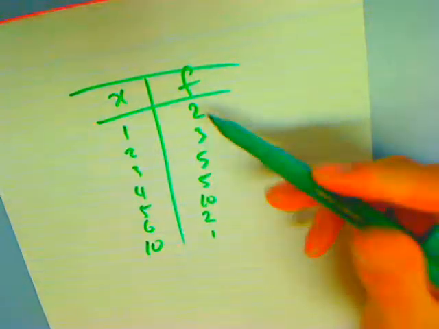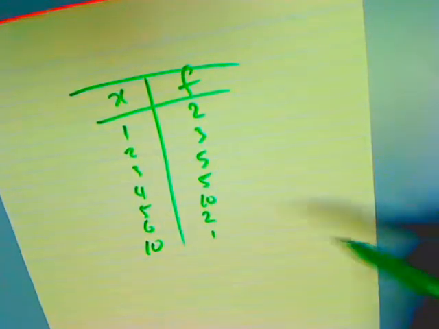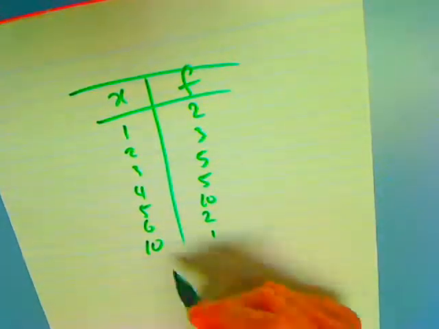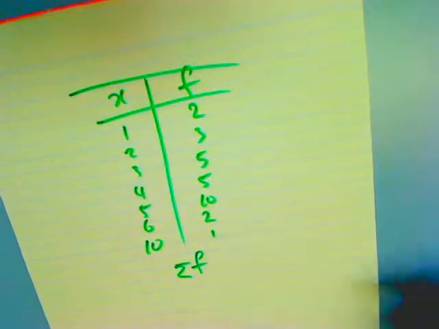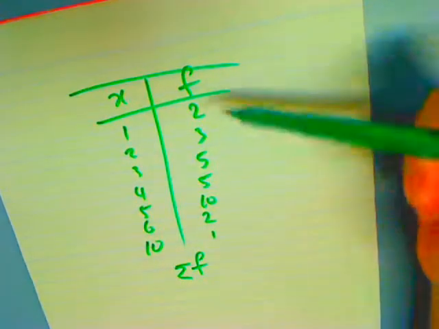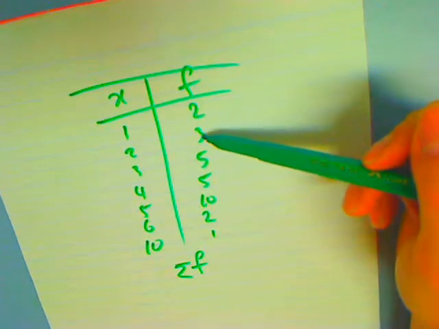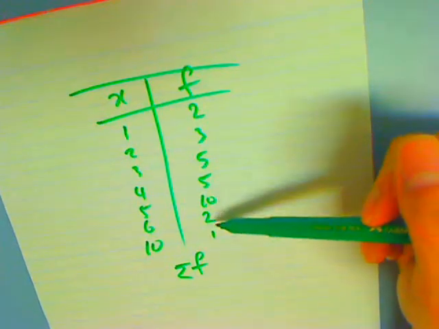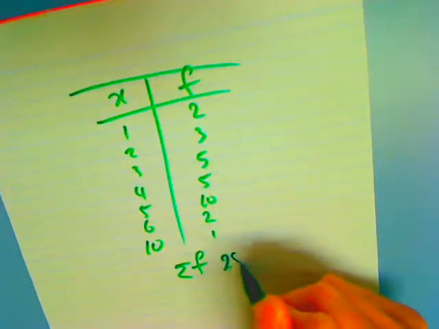Best way to solve this is not by writing the numbers down or by counting it, it would be to solve for sigma f. So how many scores do I have in total? We've got 2, 5, 10, 15, 25, 28 in total.